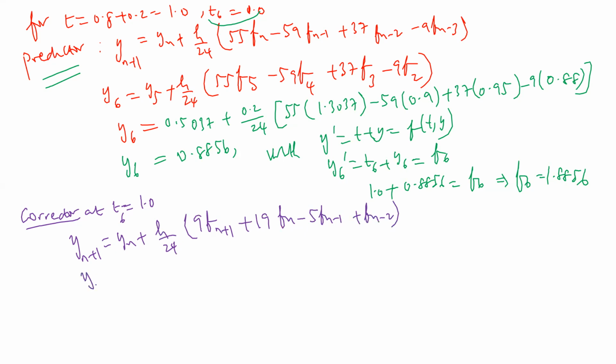So you have 6 here for the corrector. And then this is 1 less, 5. 24 here. So this one is going to be F6 plus 19. This one is going to be 1 less than the previous, so it's going to be 5. This one is going to be 1 less, 4. This one is going to be 2 less, 3.